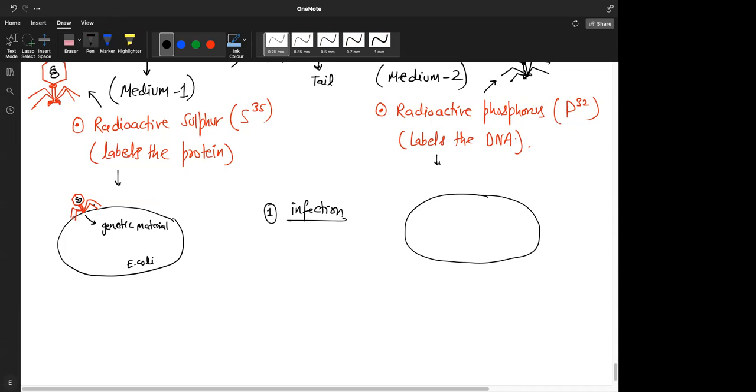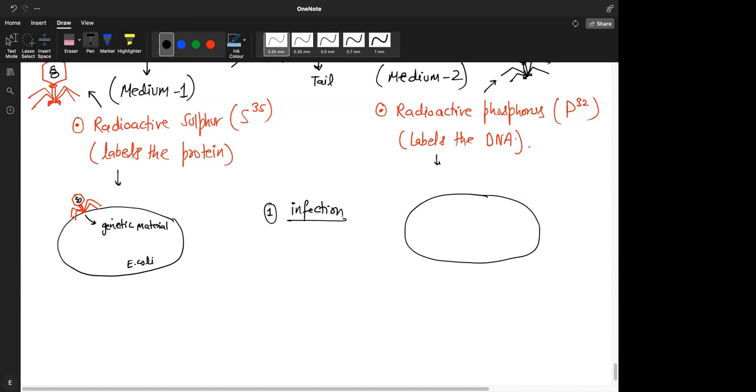So what this virus does is it sits on the membrane of the E. coli bacteria and literally drills a hole in the membrane and the cell wall and sends its genetic material inside. The protein coat remains outside. So the virus does not enter the bacteria as a whole. It only sends the genetic material, and that is enough.